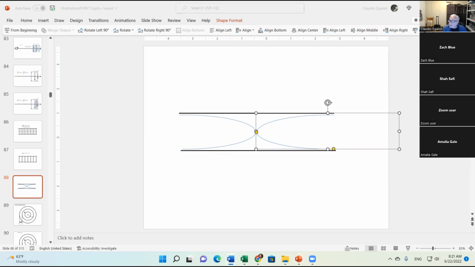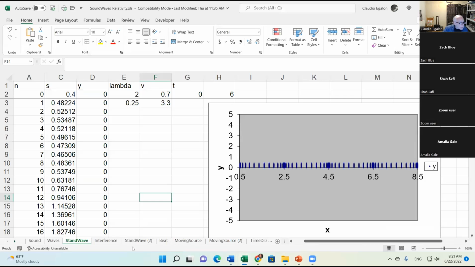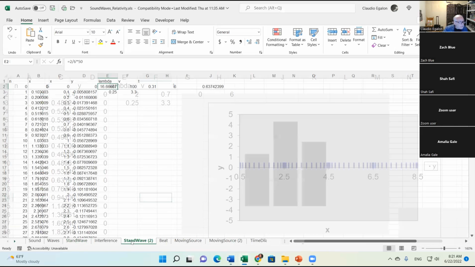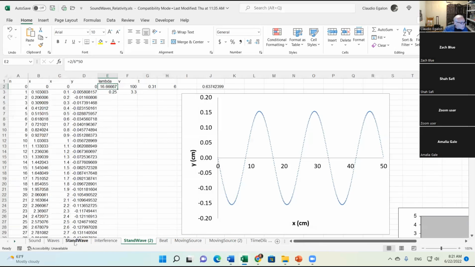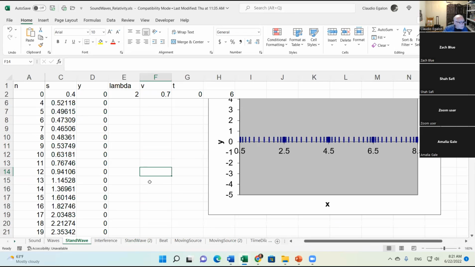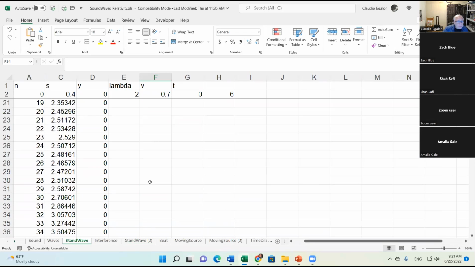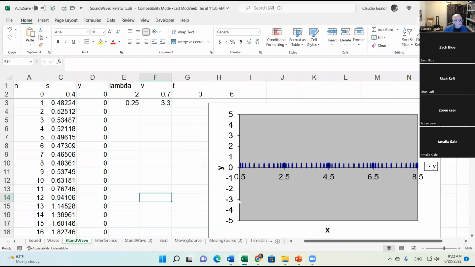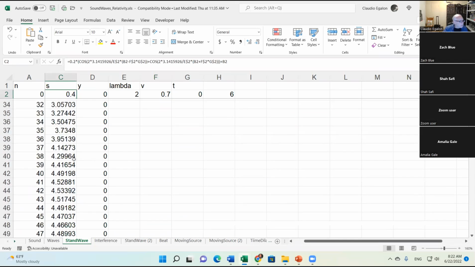Okay. And let's see here. Let me see if I have a better illustration for that. Interference standing wave. Okay, here is a simulation that I got for a standing wave. That's an open tube. You can see that's an open tube because you have S here equal 0.4.